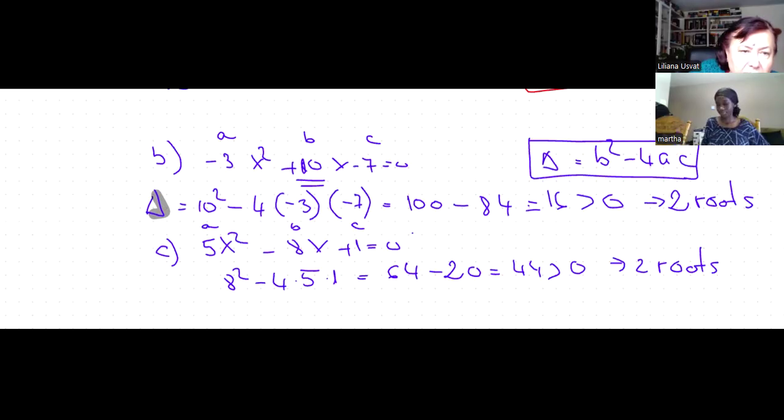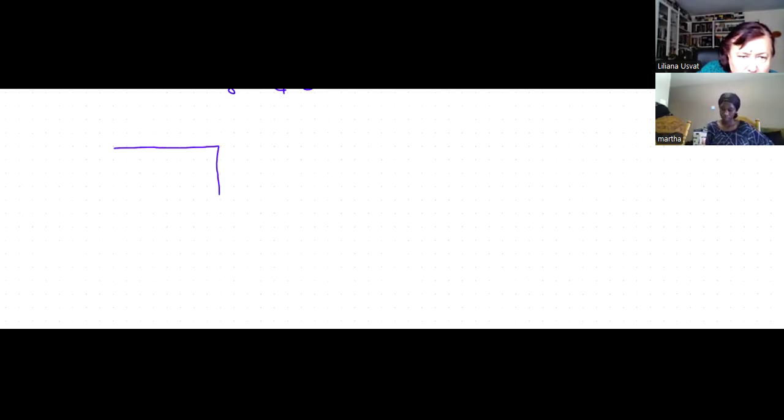So we have a rectangle, and so this is the length, and this is the width.